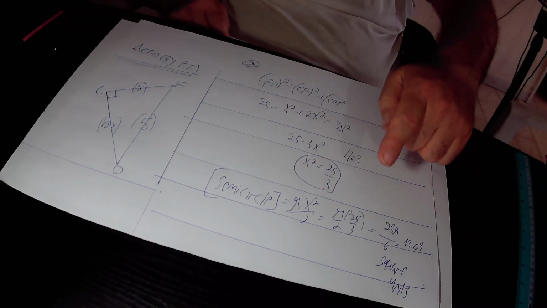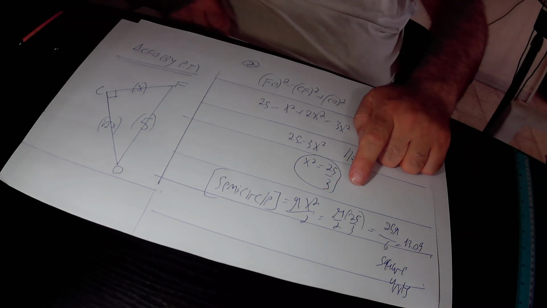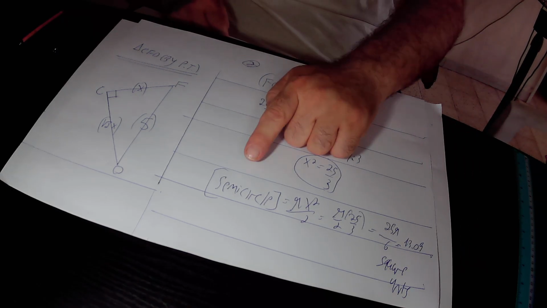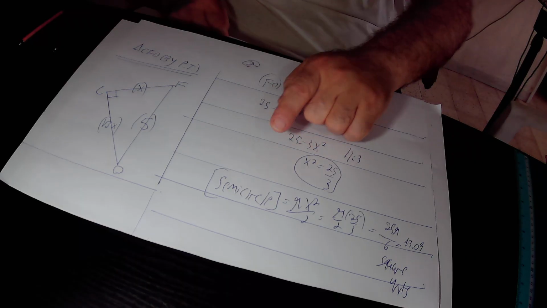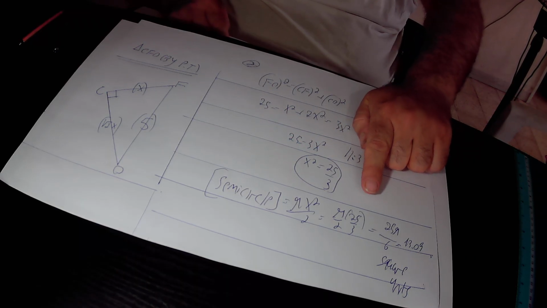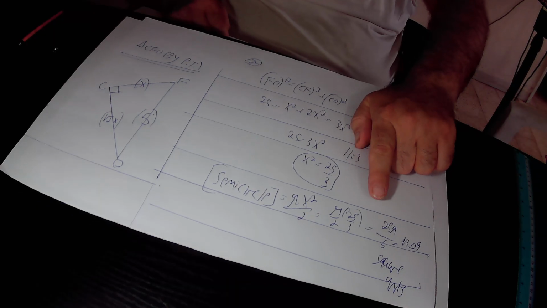We find that the area of the semicircle equals pi over 2 times x squared, and x squared is 25 over 3. So in total, the area of the semicircle has in the numerator 25 pi, over 2 times 3, and 2 times 3 is 6.